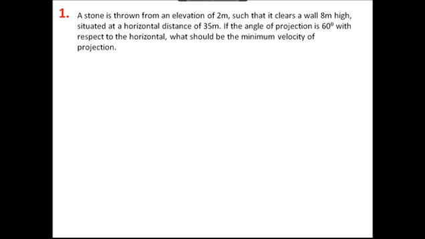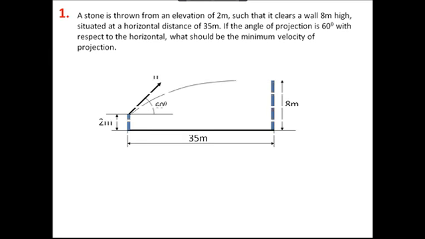It's always better, in fact it is necessary, to reduce the problem to a pictorial form. So this is what it reads. A projection is from 2 meter elevation, and what you are told is it clears a wall 8 meter high.